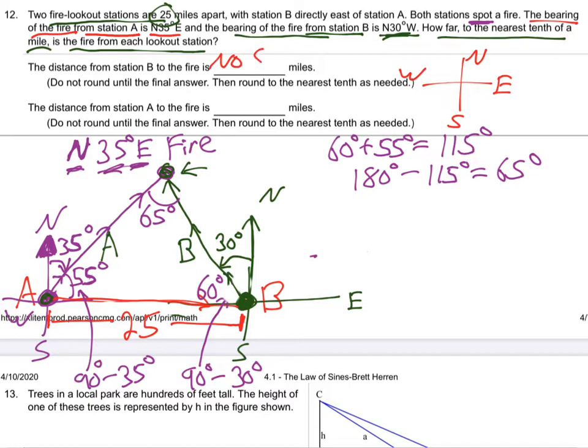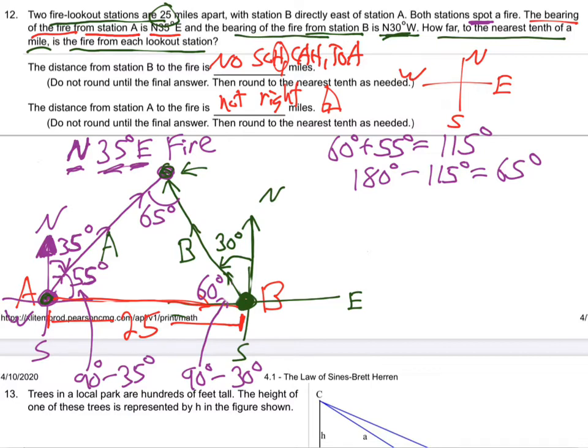You can only use SOHCAHTOA in a right triangle. You have to have a hypotenuse, which is the side across from the right angle. There's no right angle here. Can't use SOHCAHTOA. That's why we have the law of sines.